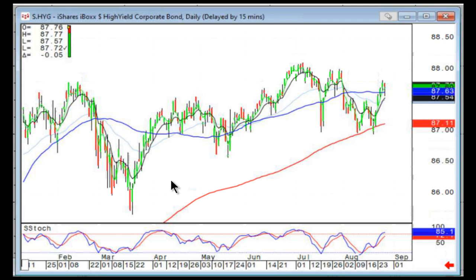When the S&P is going up, the market's getting stronger, high yield bonds should be going up with it. And so this is a very powerful leading indicator that lets us know when there could be trouble afoot.